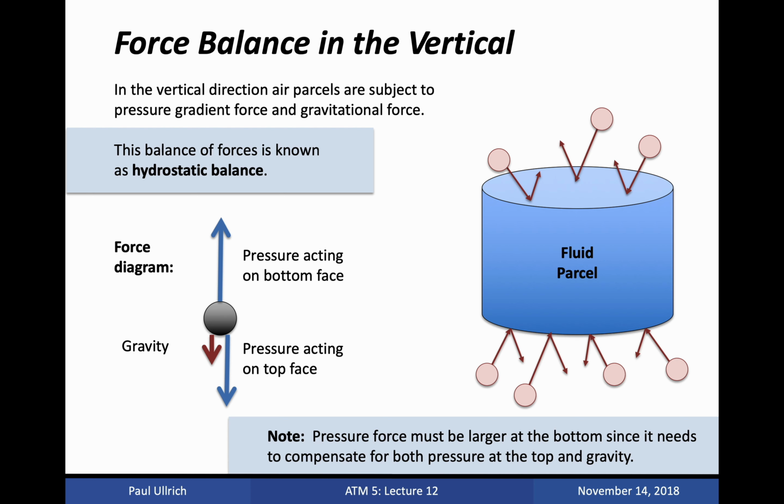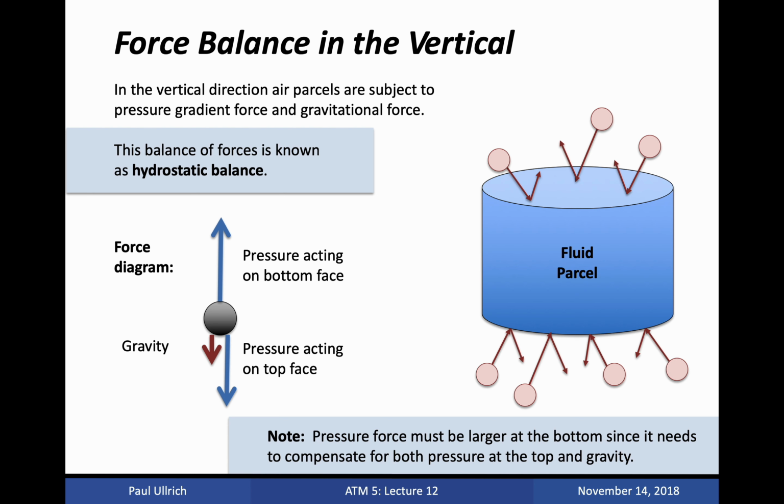Effectively, what this means is that the air pressure below the fluid parcel needs to be stronger than the air pressure above the fluid parcel in order for that fluid parcel to not move up and down. This state of not moving up and down is a state known as hydrostatic balance, and it effectively is this force balance then between gravitational force and pressure gradient force.